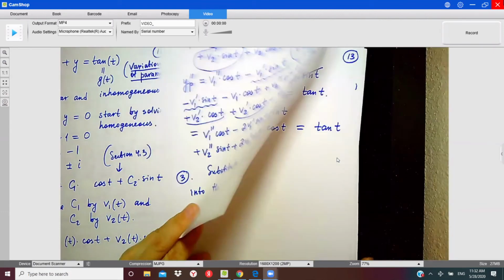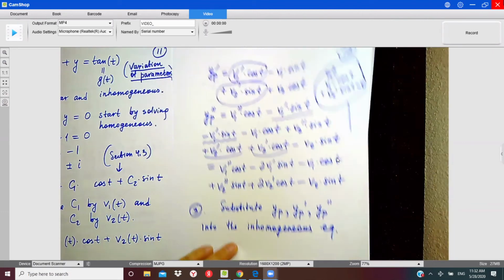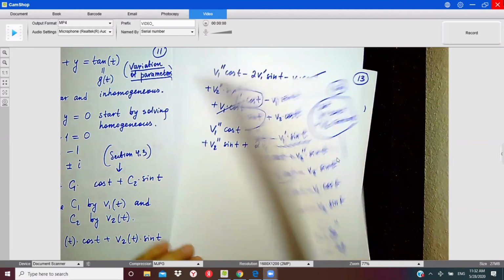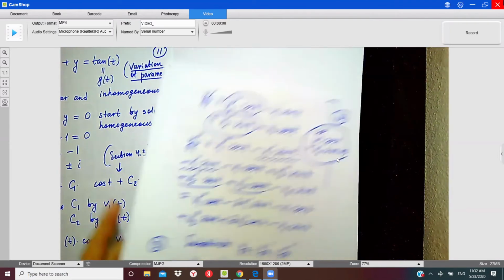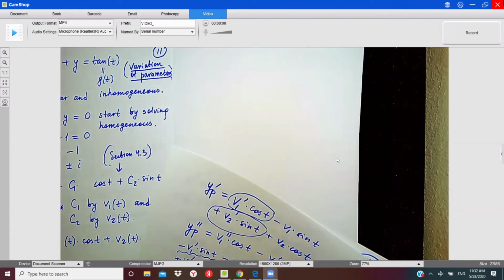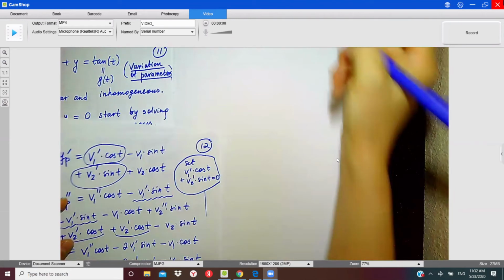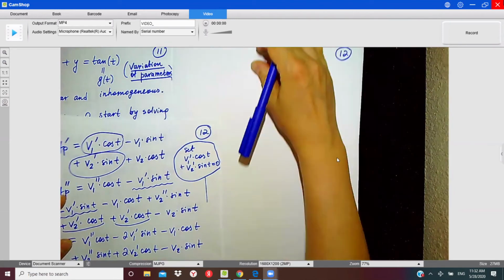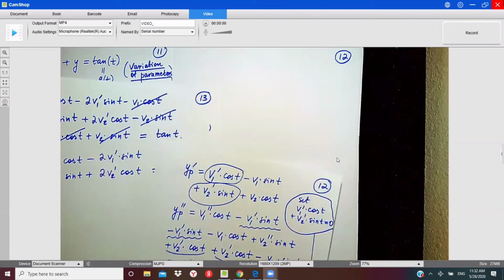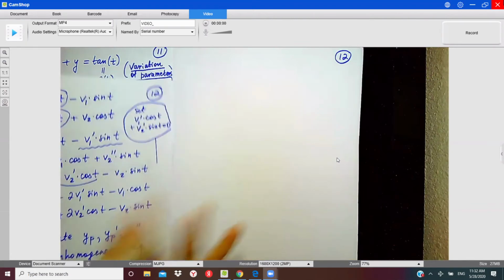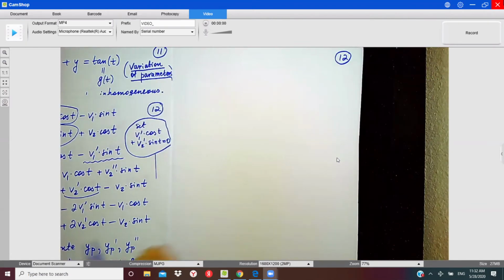If you're copying this work, please cross out, probably starting from here. So I'm going to call the next page number 12 because I'm going to throw out these 2 pages. It's just going to be too messy if I start crossing out the terms.